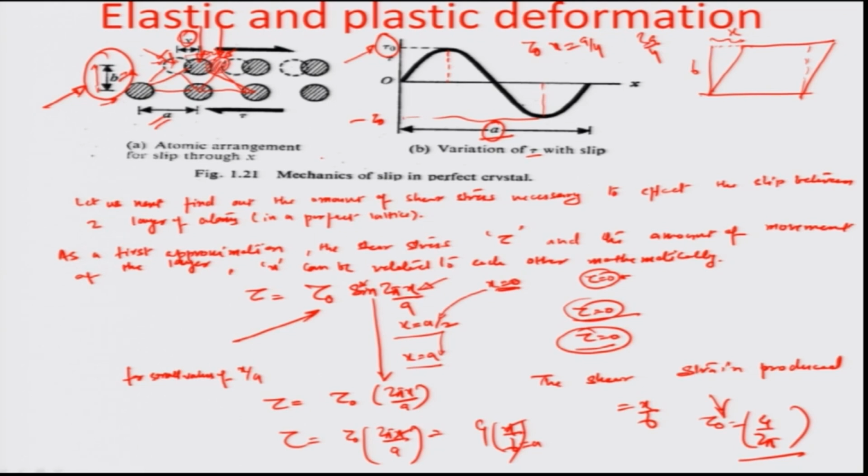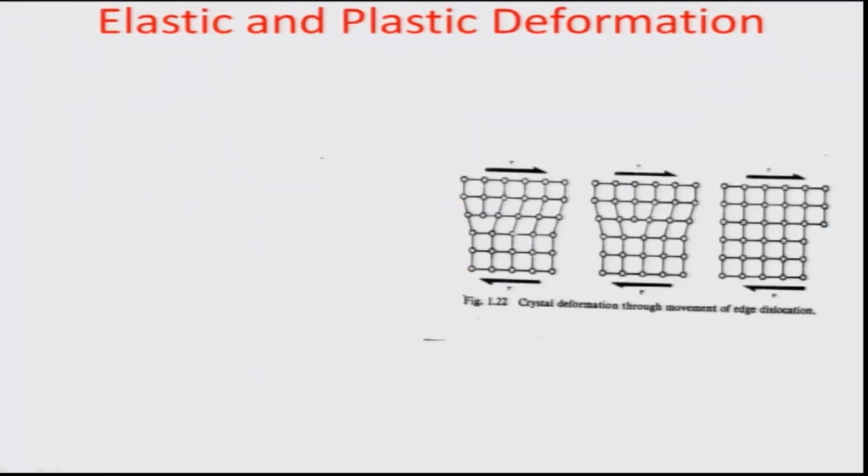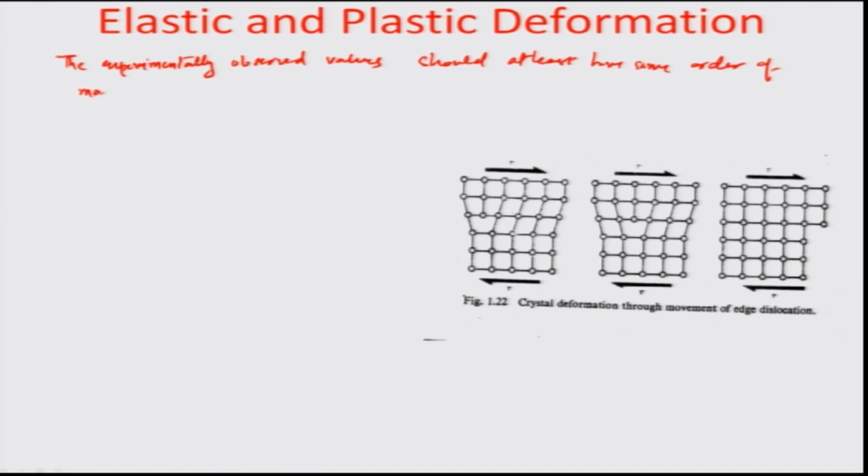So, having said that, it means that the experimentally observed values should at least have the same order of magnitude as the G by 2 pi that I formulated in the last step.